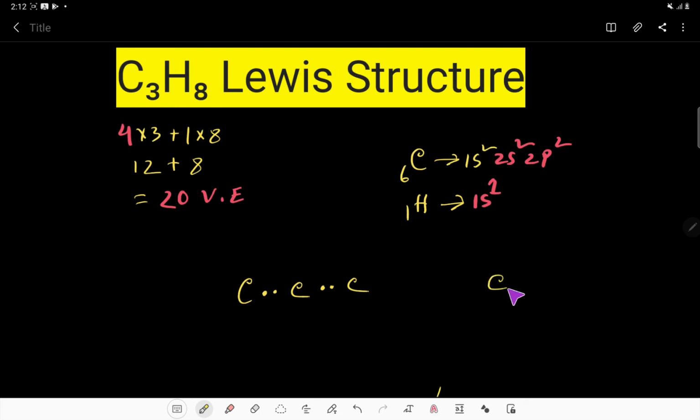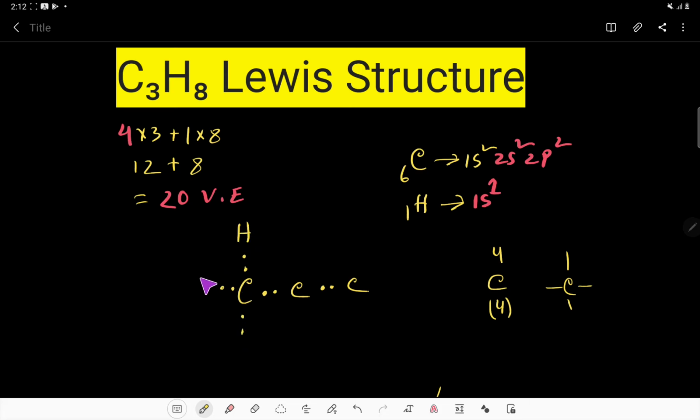Look, a carbon has 4 valence electrons. To complete its octet, it can form a maximum of 4 bonds, right? So a carbon has the ability to form 4 bonds. This carbon already has formed 1 bond, so it can form a maximum of 3 more bonds, right?